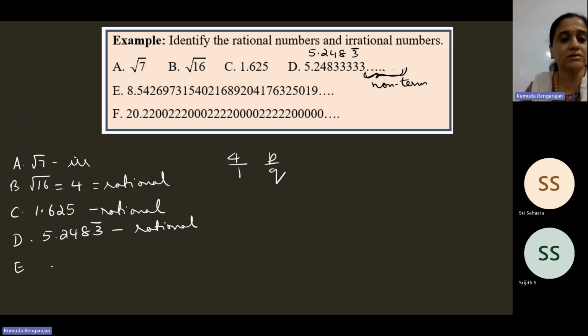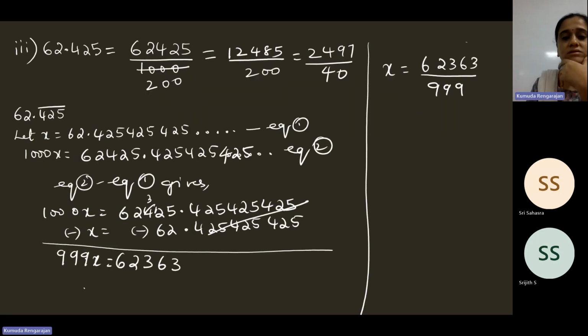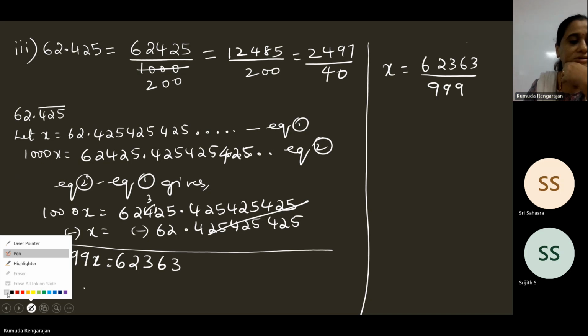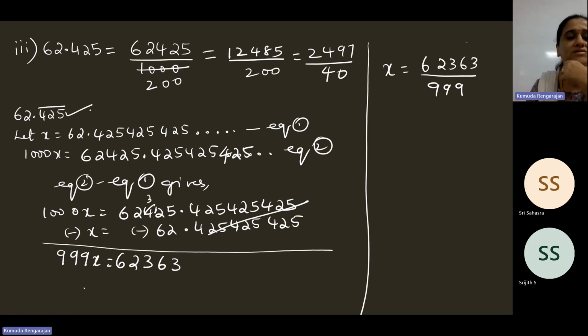What about E? Okay, see, can you see this? In the last class, 62.425 recurring. See this question. Last class we did this, 62.425 recurring.